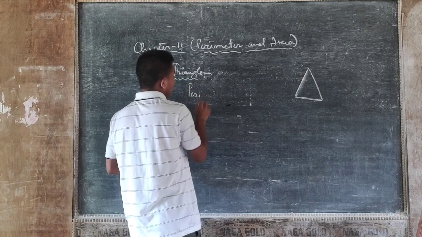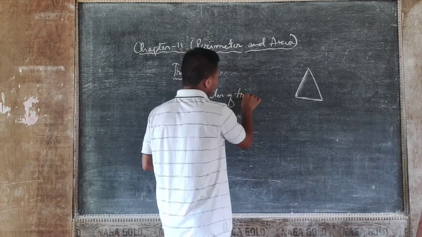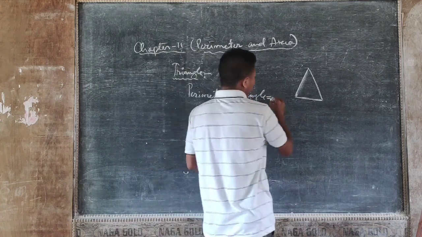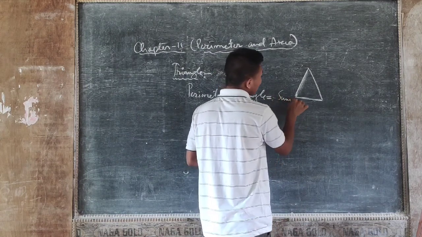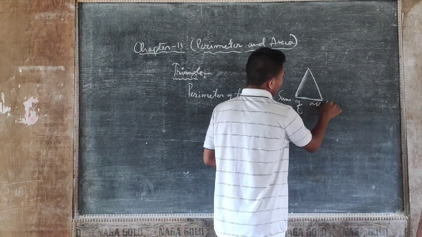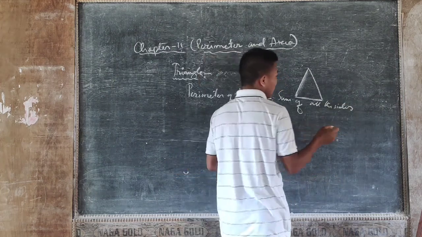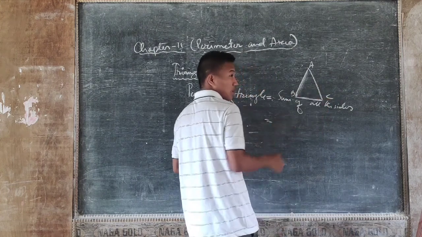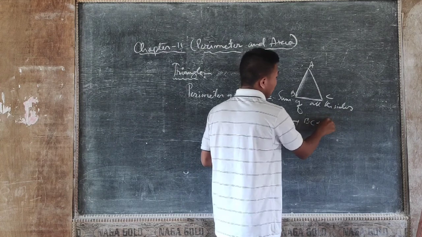And to find the perimeter of triangle, it is still the same case with the other geometrical figures. You have to add up all the sides. That means sum of all the 3 sides. Or if you are given specifically the name of a triangle, like suppose ABC, then your perimeter will be side AB plus side BC plus side AC.